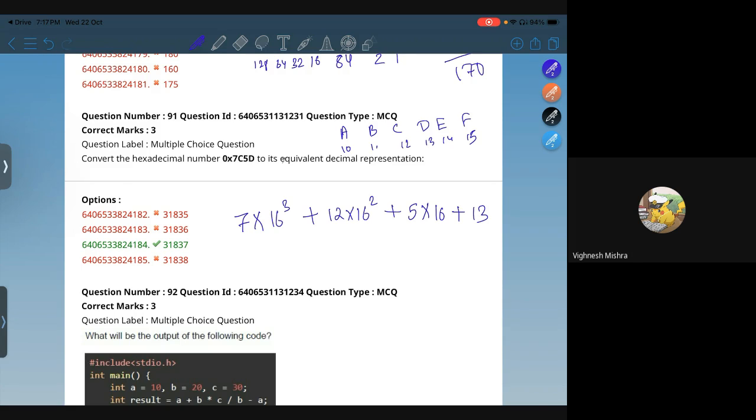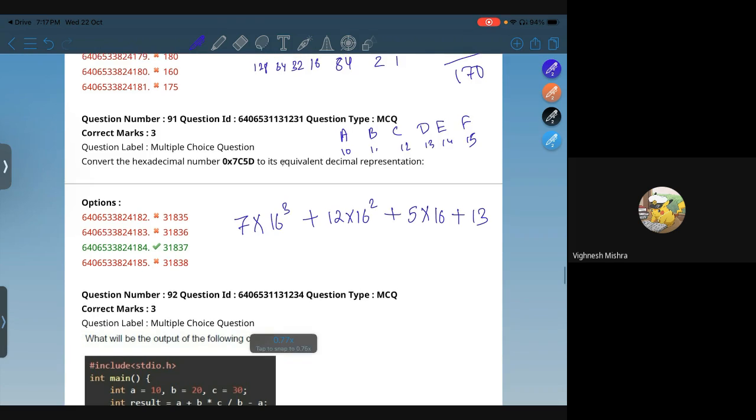Let me just calculate this. 16 into 16 into 16 into 7 is 28672 plus 3072 plus 80 plus 13.